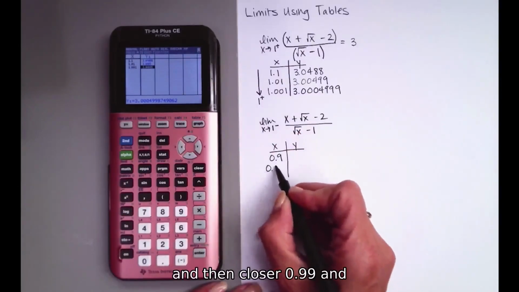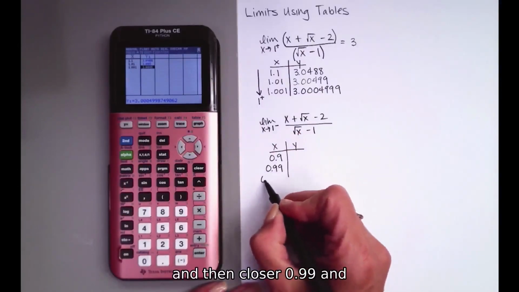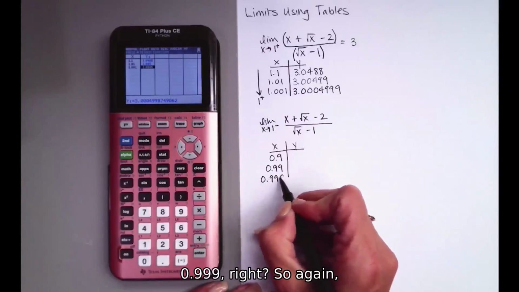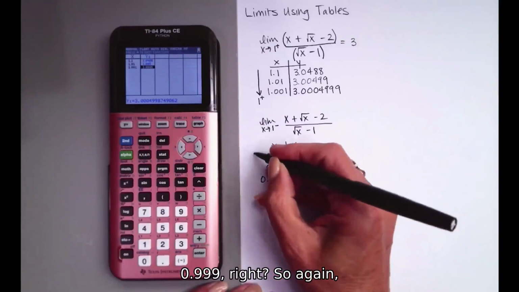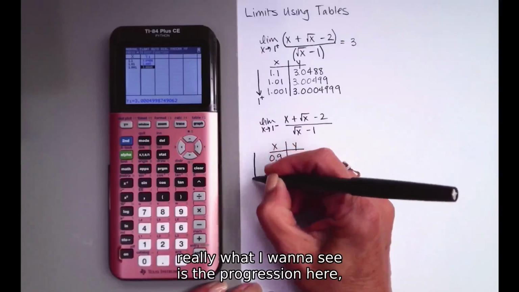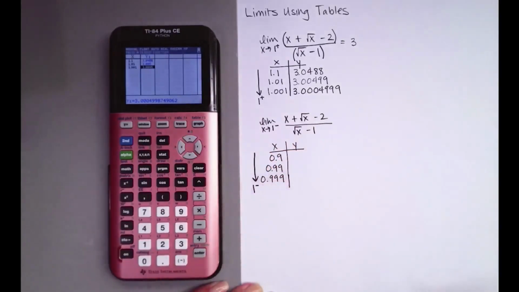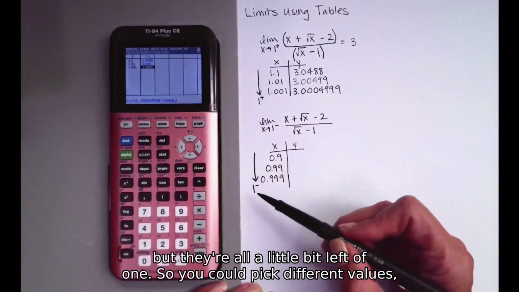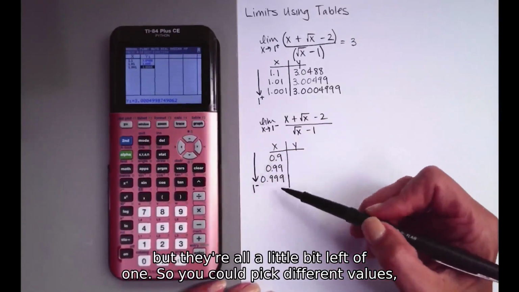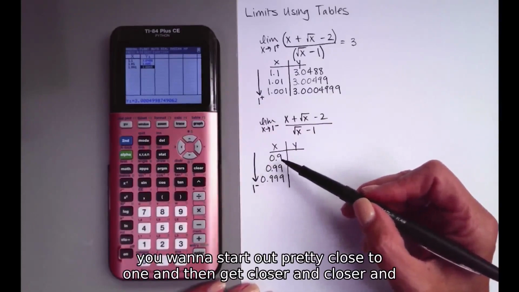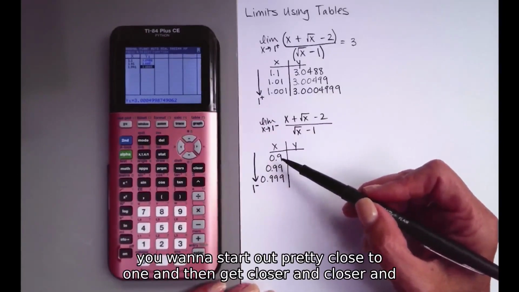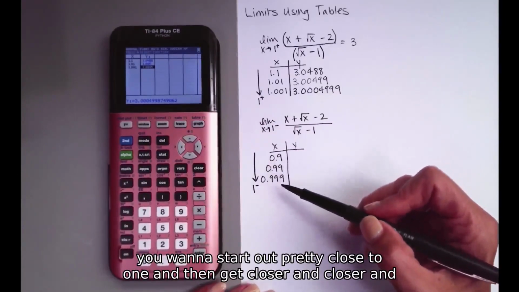And then closer, 0.99 and 0.999. Right, so again, really what I want to see is the progression here, that these numbers are getting closer and closer and closer to 1, but they're all a little bit left of 1. So you could pick different values, but whatever you pick, you want to start out pretty close to 1 and then get closer and closer and closer.